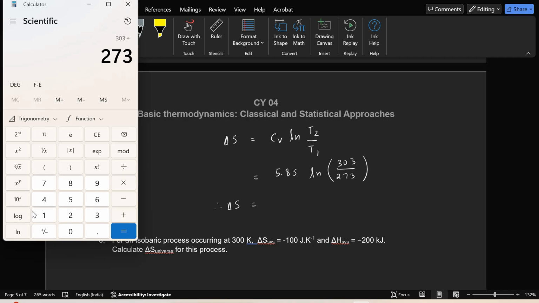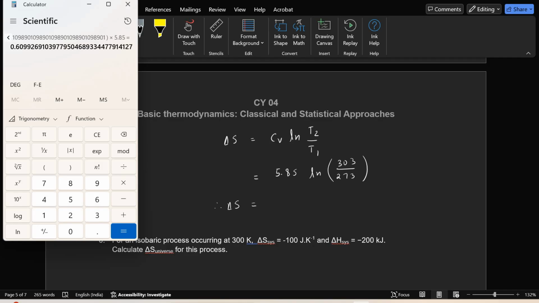Let me just do this. Ln of this, into 5.8.